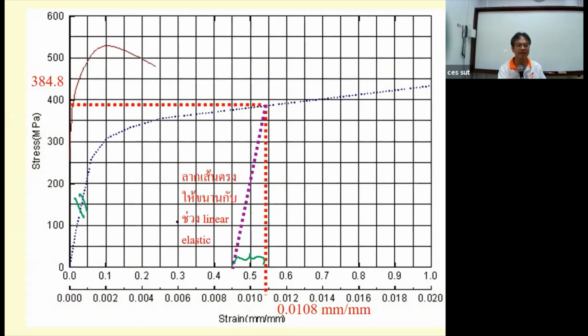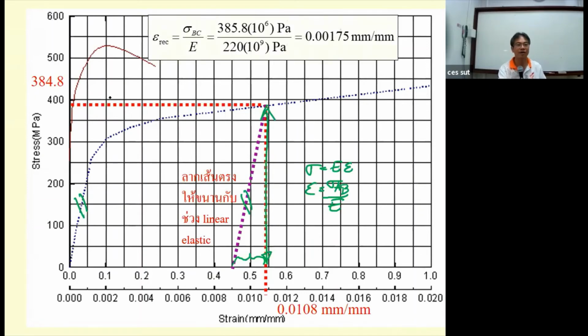And when it returns, it returns along the same slope. So stress equal to E times strain. Strain is going to be stress, so the stress of AB divided by the E. The stress of AB is this one, 384.4 times 85.8, okay, divided by the E. And then this is going to be the elastic recovery.